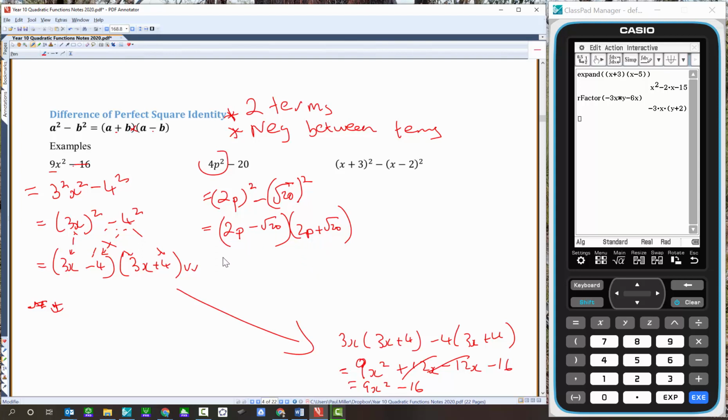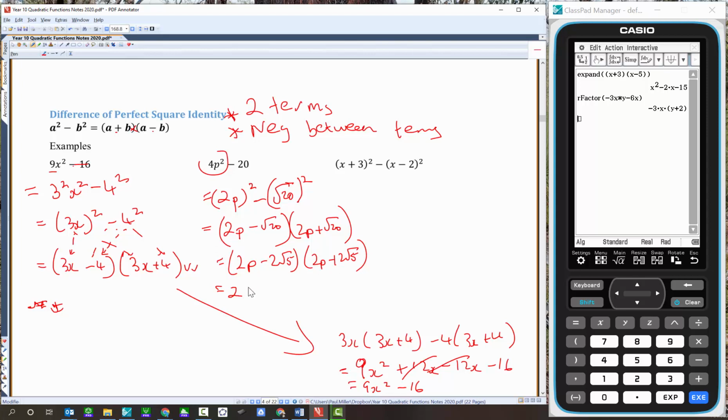Now this one isn't quite finished. We recall that simplifying surds is important. This is going to be root 4 times root 5, which is 2 root 5. So I'm going to write this as 2p take 2 root 5, 2p plus 2 root 5. Notice I can pull 2 out as a common factor of this and 2 out as a common factor of this.